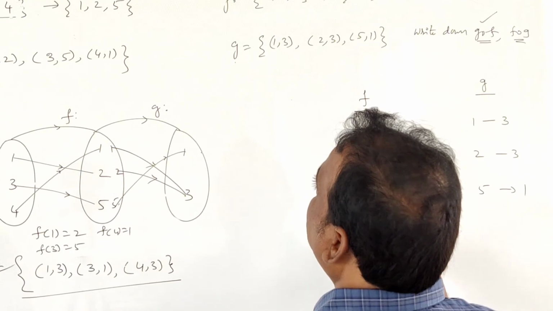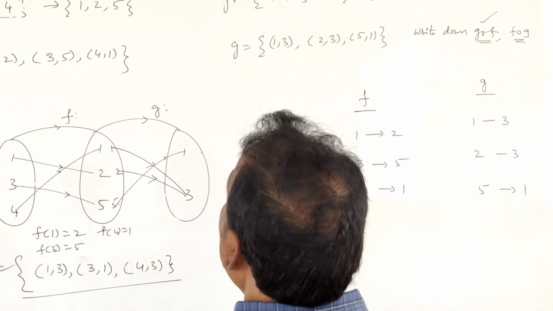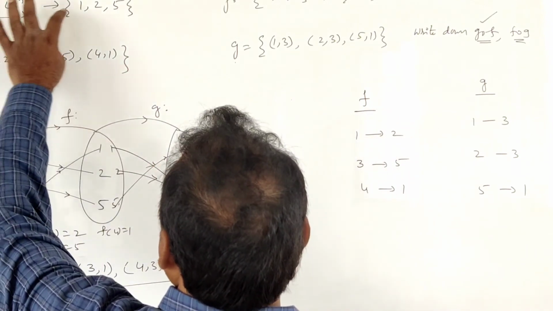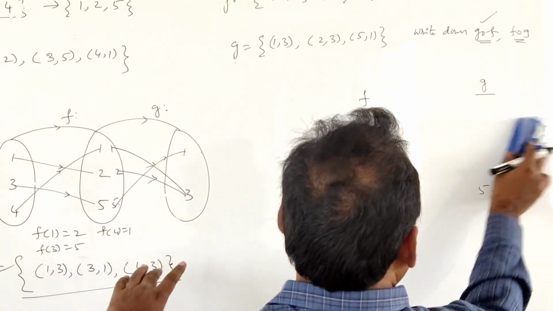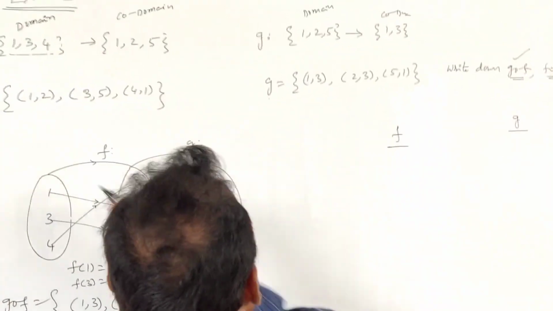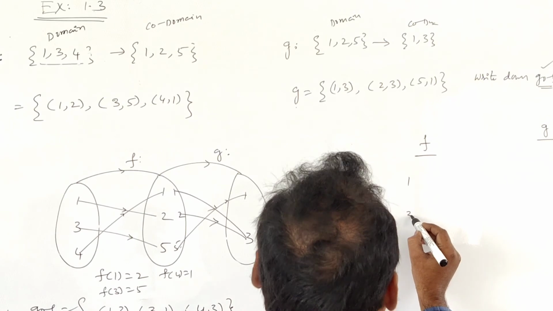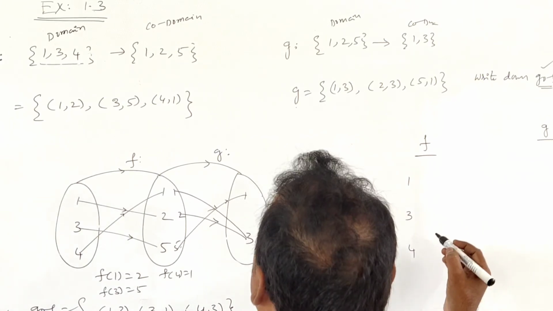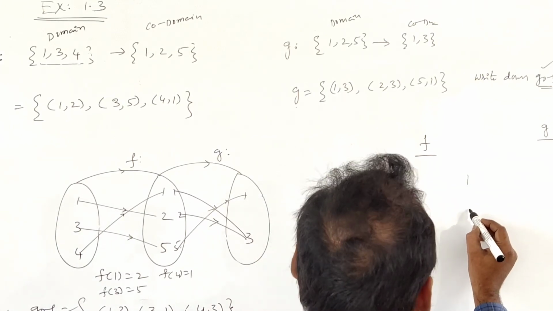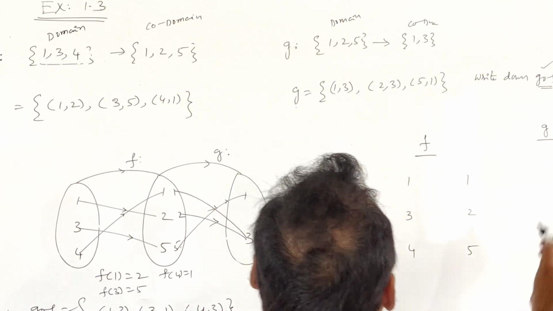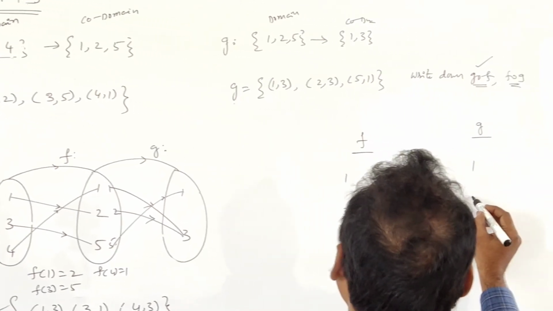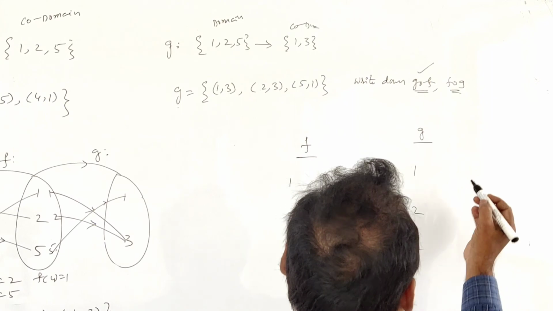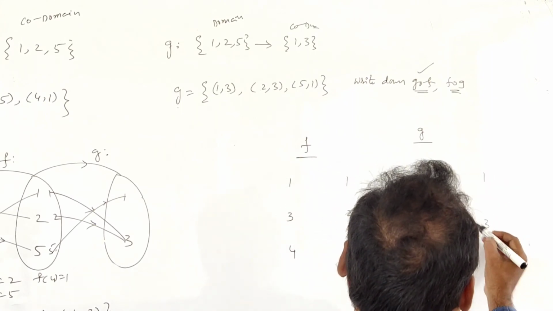Is it correct, students? For F, the domain is 1, 3, 4, the codomain is 1, 2, 5. For function G, the domain is 1, 2, 5, the codomain is 1, 3.